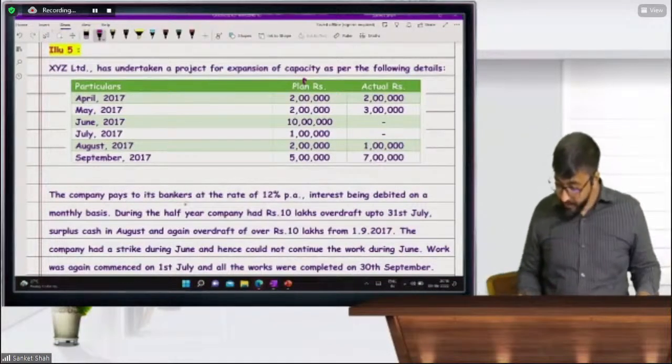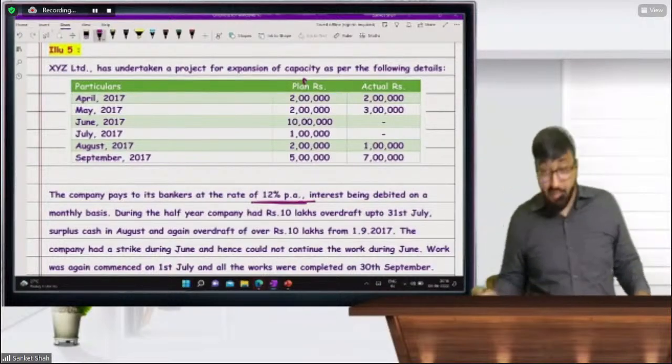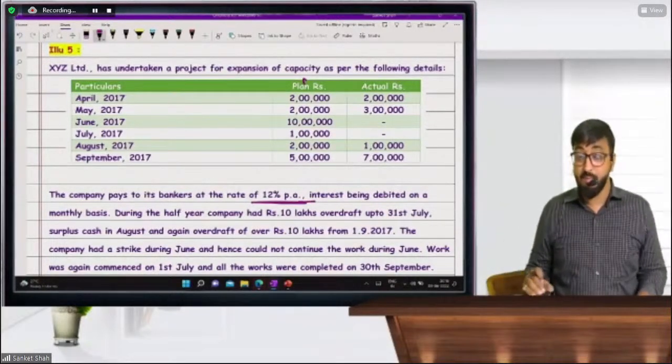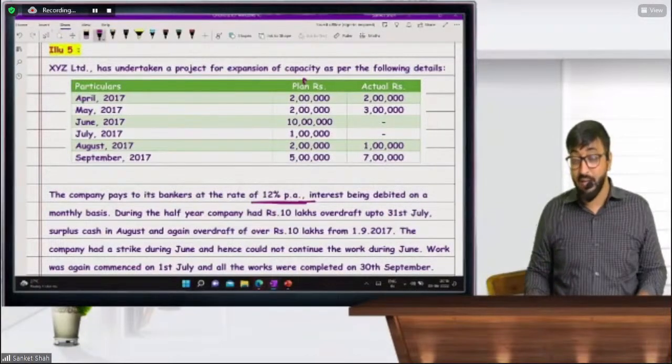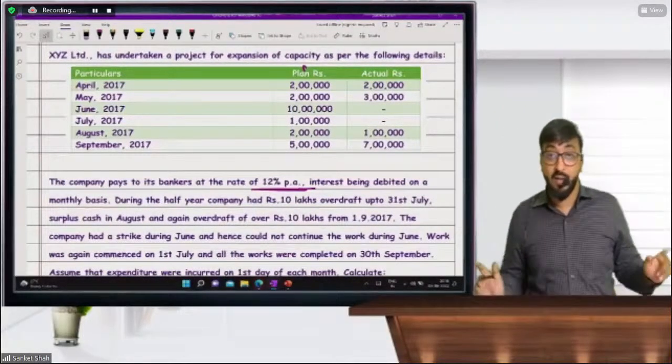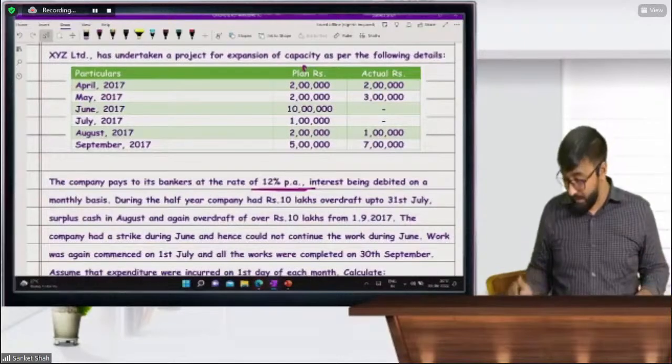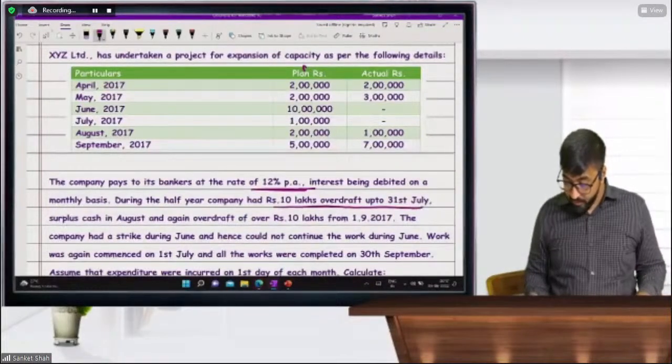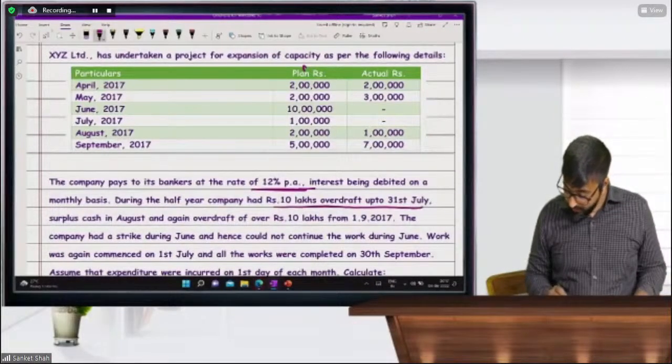The company pays to its banker 12% interest rate debited on a monthly basis. Suppose this question comes in the exam, see what will happen to the students. During the half year ended, the company has taken a 10 lakhs OD from 31st July. So till 31st July there was OD.